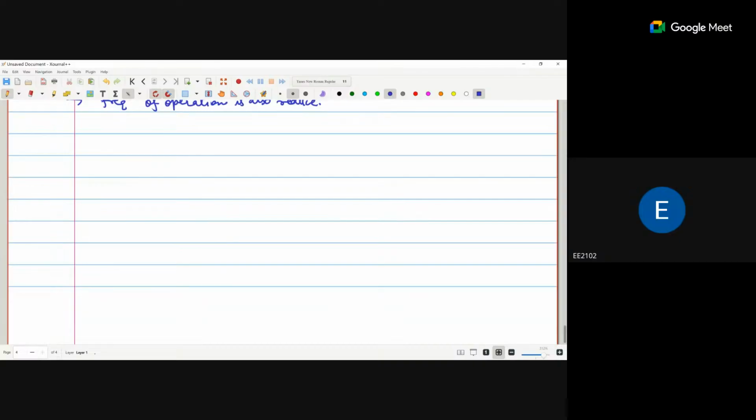So my circuit should be one resistor with one capacitor, another capacitor. That is the RC, CP.